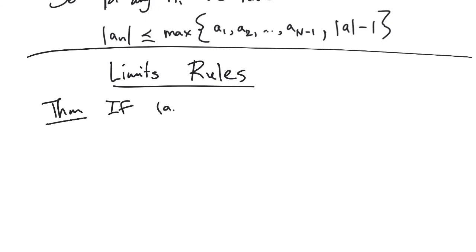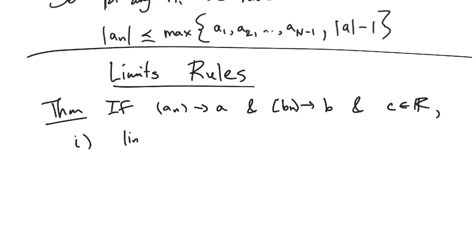If we have two sequences that converge, a_n goes to A and b_n goes to B, and let's say C is any real number, then this theorem has four parts to it. The first is the limit of a constant times a sequence, this is C times a_n. Anybody remember rules like this?